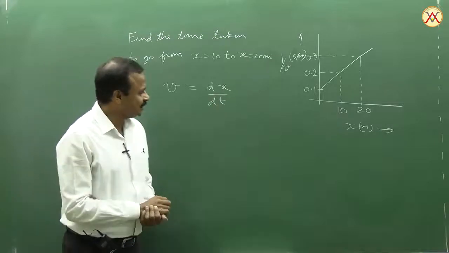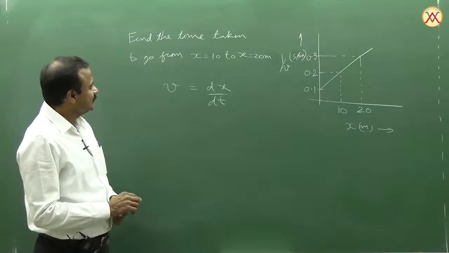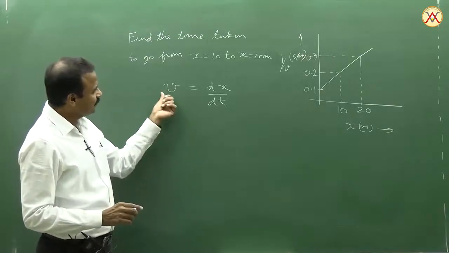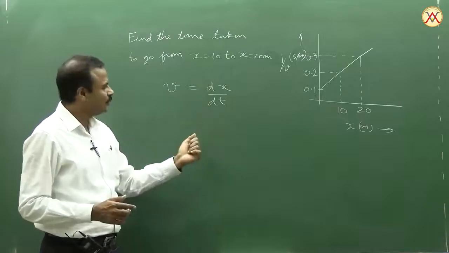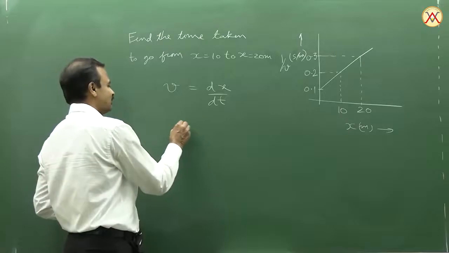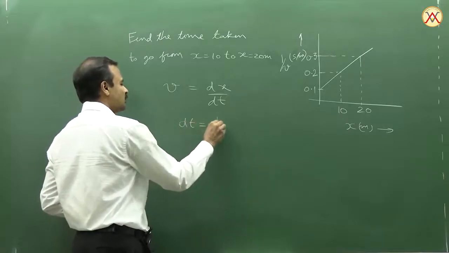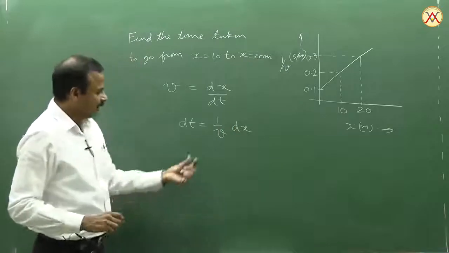But in this example, we have the reciprocal of velocity. So I will take v to the other side, and on the right hand side we will have 1 upon v, and let's take t on the other side. So this relation becomes dt is equal to 1 upon v dx.